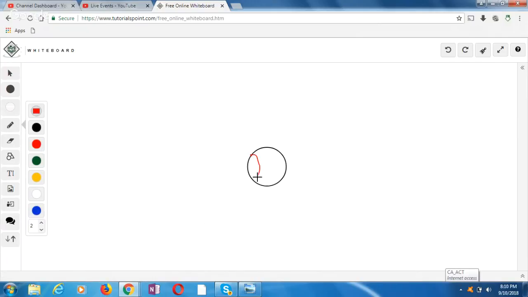Suppose this is the human eye and this is the lens, and suppose any object is here. I am drawing a line which goes to the retina, suppose here. And suppose an object is like this, which is erect and at a certain distance d.